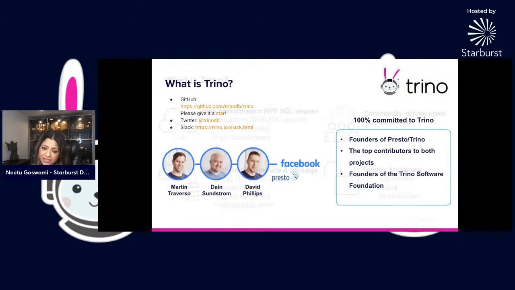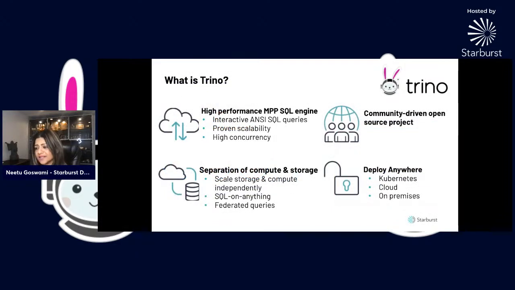But essentially, Trino is a distributed SQL query engine, an MPP SQL query engine. So it allows you to perform fast SQL queries on large data sets. I think hands down, that's the biggest use case. If you have a data lake and you're looking for a fast SQL query engine, Trino definitely helps with that.